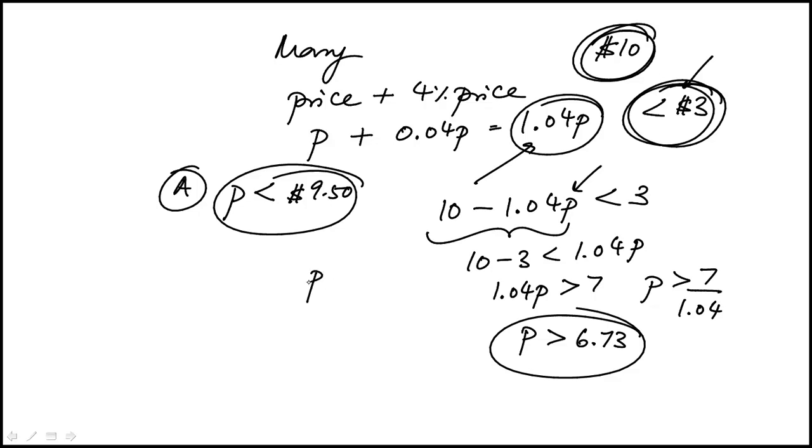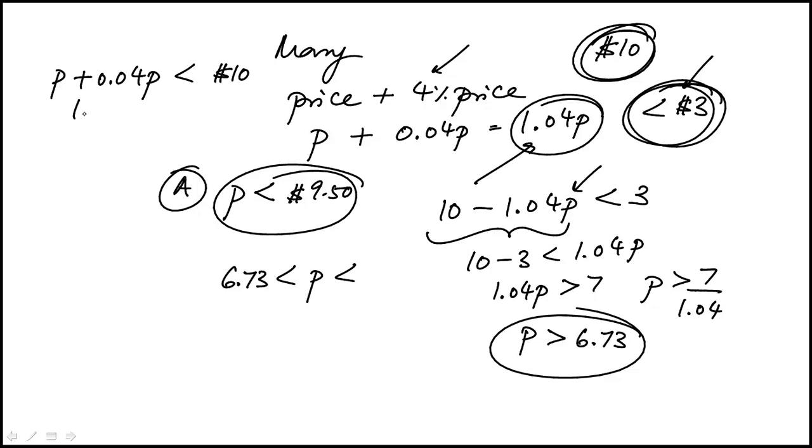And I also know that because she handed $10, the book could be priced for $10. So it has to be less than, actually, no, it can't be 10 because she has to pay 4% tax. So I know that P plus 0.04 P has to be less than $10, because the total price has to be less than $10.